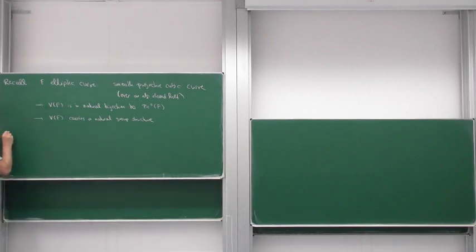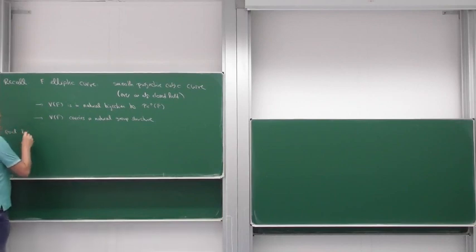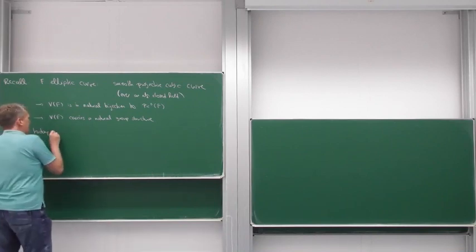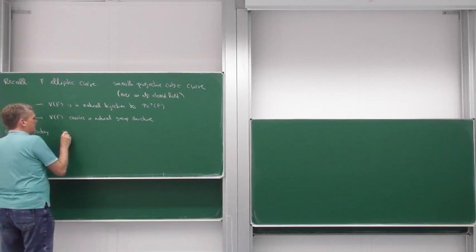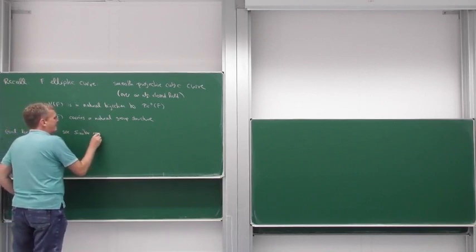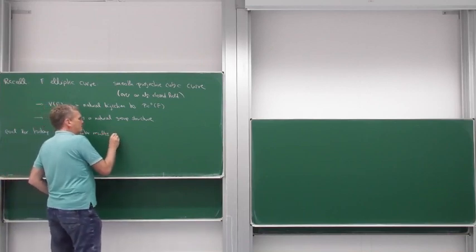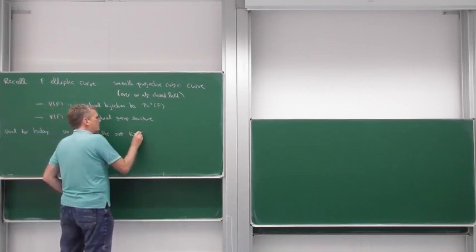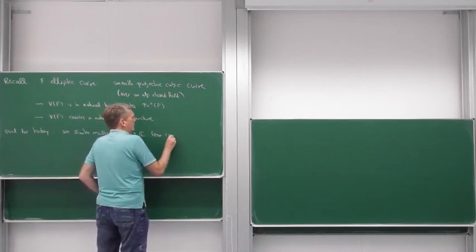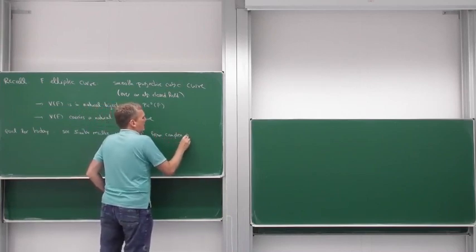So the goal for today is over the complex numbers. We'll choose as our algebraically closed field the complex numbers. So you see similar results over C. That would be the ground field from complex analysis.